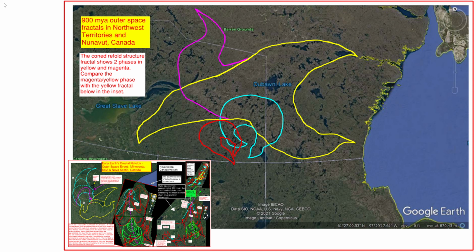So you can see that here in the blue and the red guys over here. Now, you could say that could be due to the view. It could be, but I'm sure, based on what happened in reality, a lot of them probably did lose the cone, because that is the most unstable part of the refold structure that would tend to disappear.